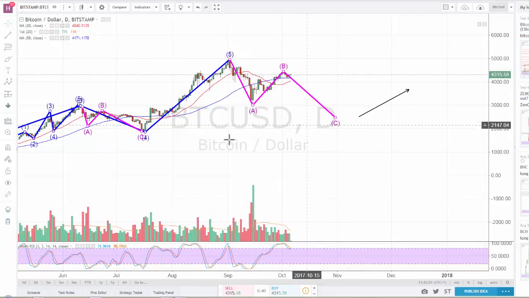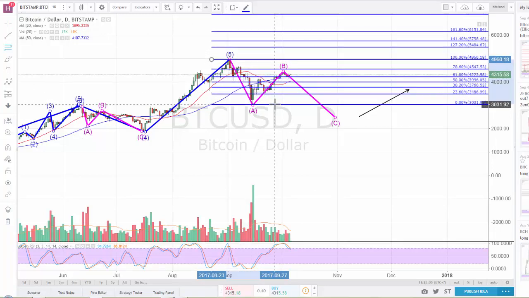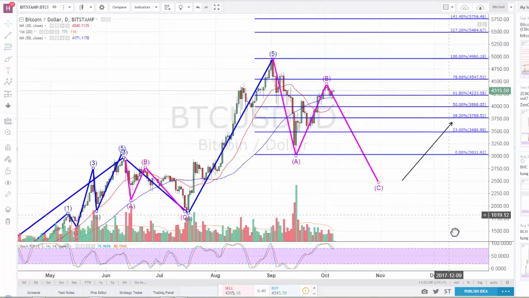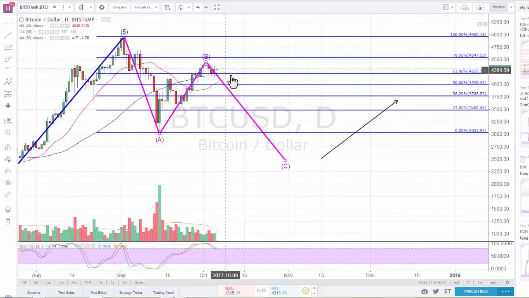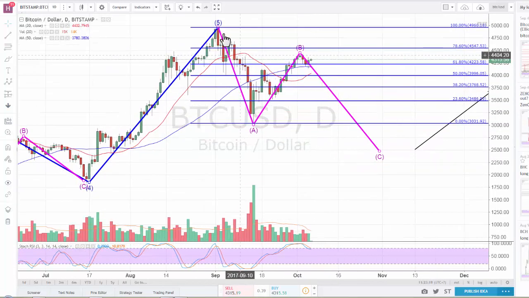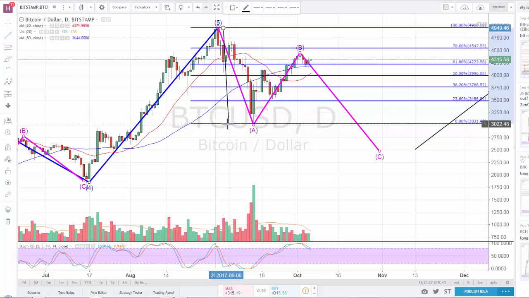So we've got this drop here, and then we had the retracement. If this is the end of the retracement, 61.8, almost 78.6, so it's valid, it's within the range. So according to the Elliott wave theory, it's more likely that from here we go down to have the same vertical distance from this top to this bottom.